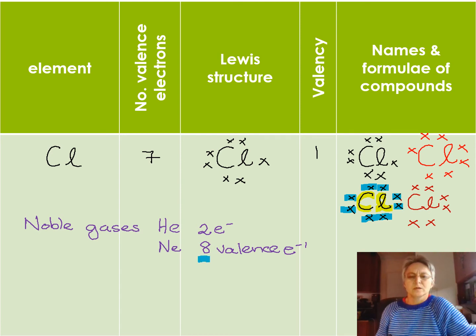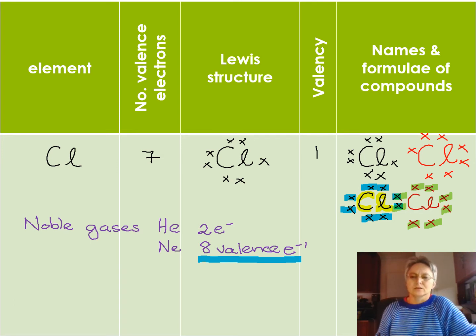So it will be stable if it's got 8 electrons. If we look at the second chlorine, it's got 8 electrons. So when the element has 8 valence electrons, then it would be stable.